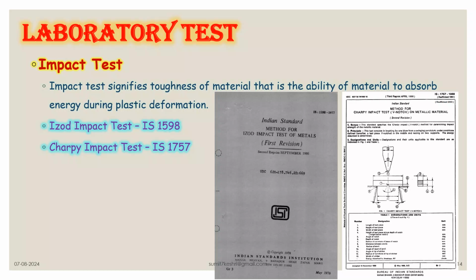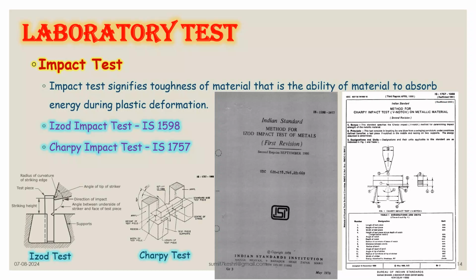IS 1598 and IS 1757 are the IS codes for Izod and Charpy impact test, respectively. The principle involved in performing both the tests is the same. Only the size and placement of the specimen and applying energy are different. We will discuss the methodology of both the tests in detail.